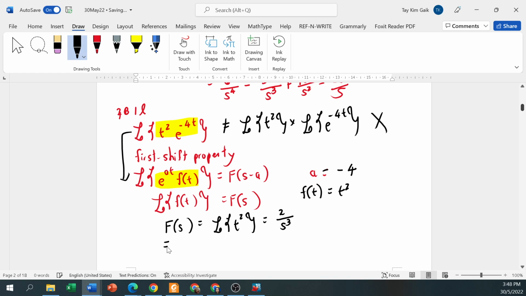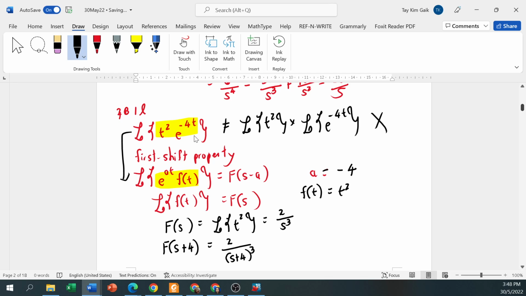Okay, and then you have F(s minus a), where a is negative 4. So minus negative 4 becomes plus 4, so s is replaced by s plus 4. So make sure you bracket it.